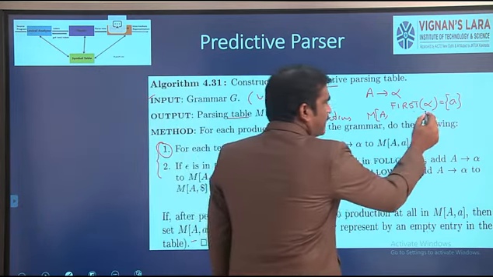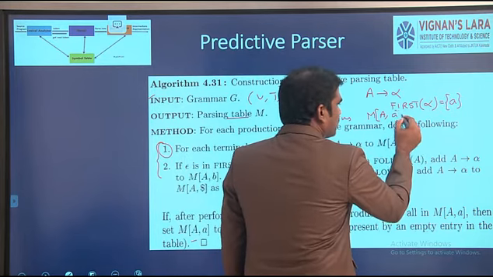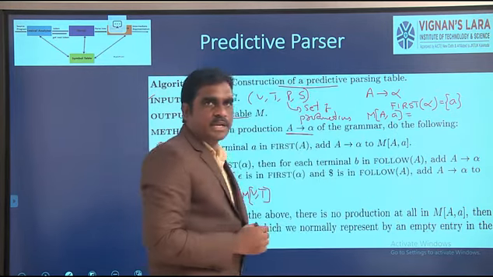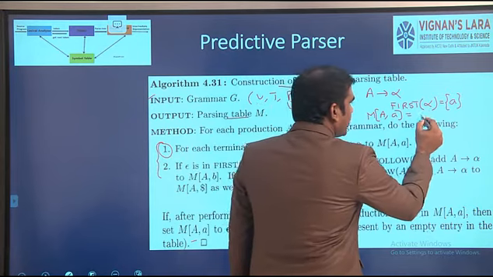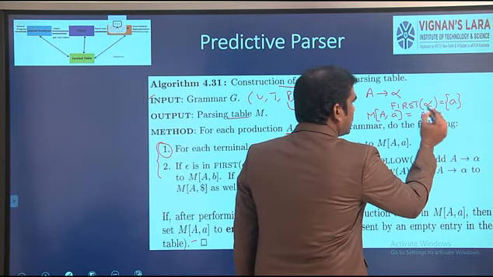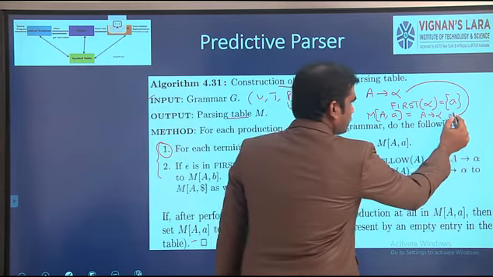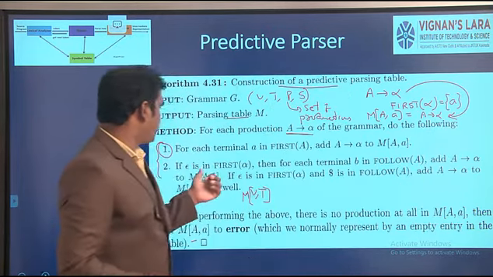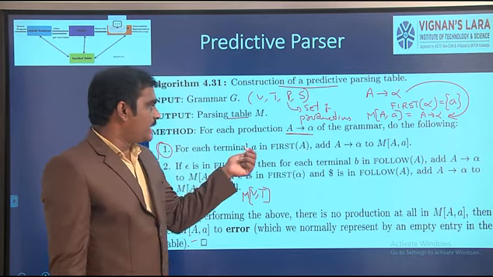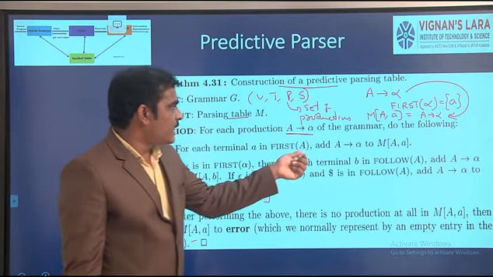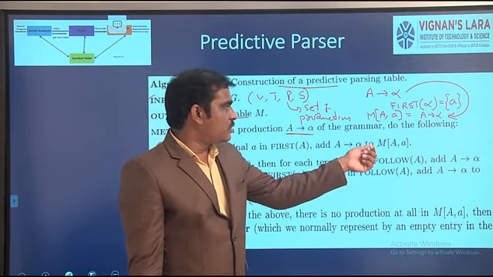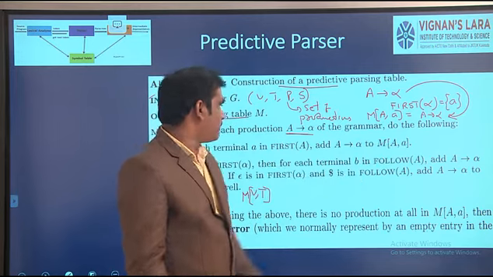So here the first of alpha contains a. In this entry M[A, a], we can add the production A to alpha. That is rule 1: for each terminal a in first of alpha, add A to alpha to M[A, a].